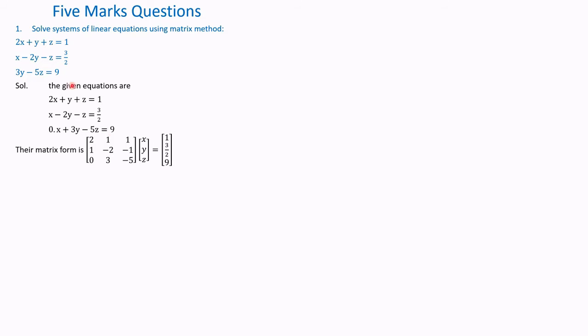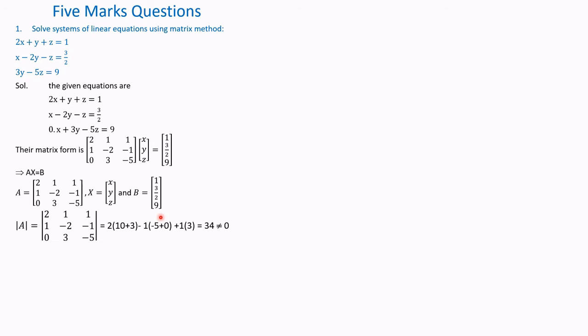The right hand side terms are 1, 3 by 2 and 9. So this is in the form AX equals B, with matrix A, matrix X and matrix B as written here.